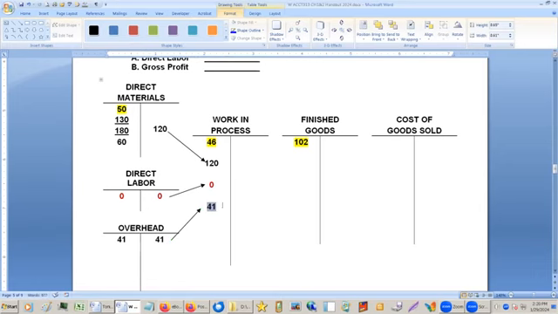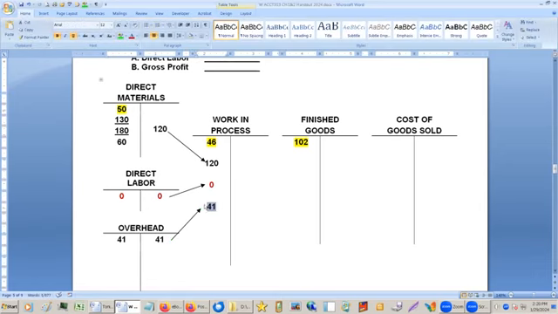Okay, so we add all those up and they come out to some number, $207.